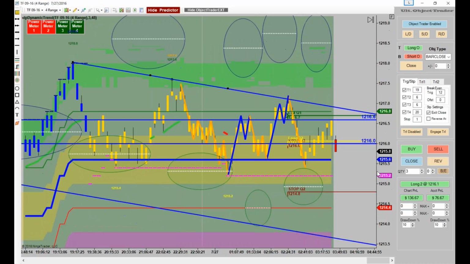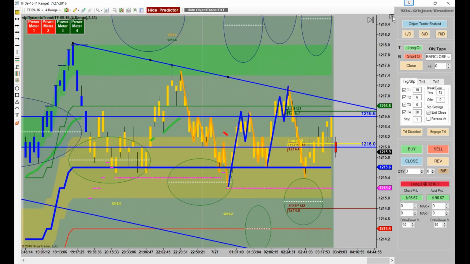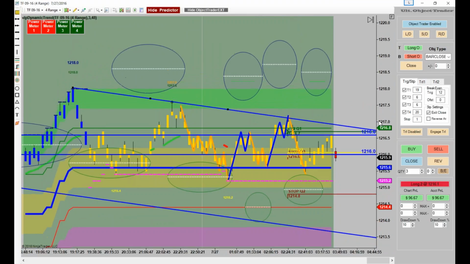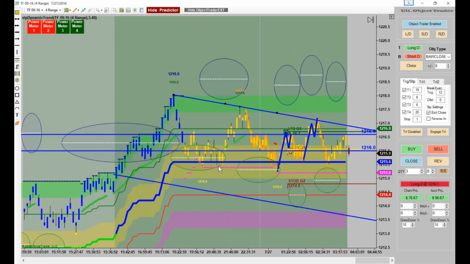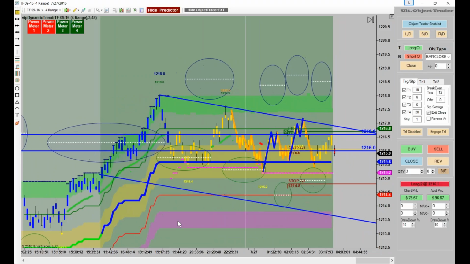So that's not great, but it is still profitable. If this stops us out, we're going to look for, well, actually probably a phantom trade, because it sure is getting lower highs and lower lows a little bit, but we're still not changing trends. Still have not changed trends. So let's see if we can get another trade if this one doesn't work out.